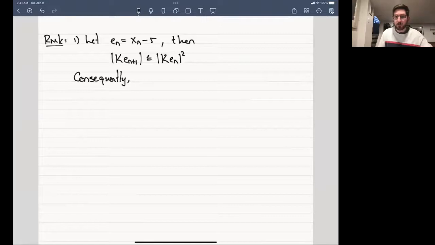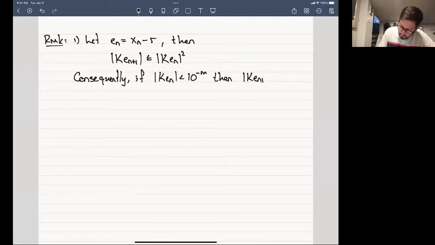Now, consequently, this quadratic convergence tells us that if k times E_n is less than, say, 10 to the minus m, so you have m digits of accuracy in this error term, then what the update tells you is that k times the error at the next step has double the number of digits of accuracy.